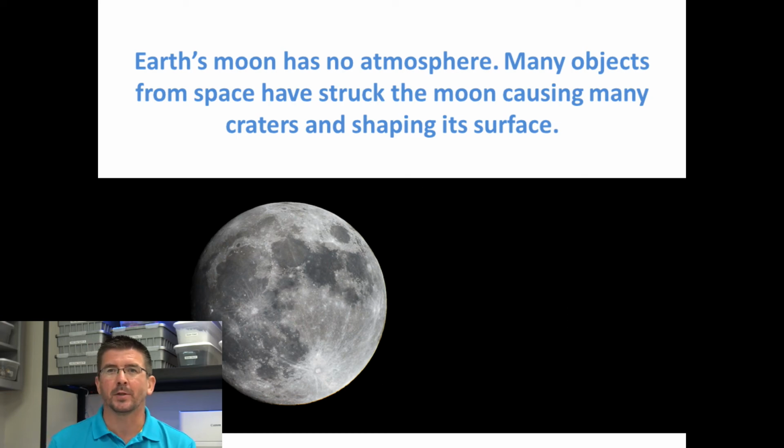And that's why when you see shooting stars, what we're seeing are little meteorites falling to Earth that are heating up and usually burning up in the atmosphere. So the atmosphere not only gives us our oxygen, our water cycle, and our weather, it also protects us from debris from outer space. And because the Moon's surface doesn't have this atmosphere, we get so many large and small craters all over the Moon's surface.